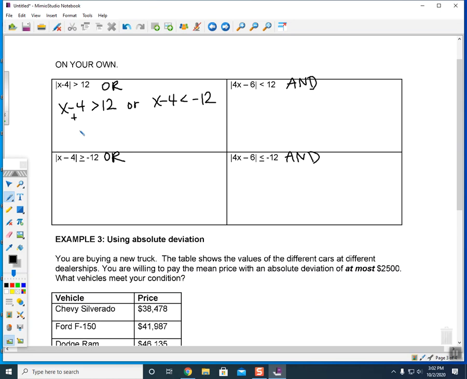I'm going to add 4 to both sides. Still doesn't. Let's try this one more time. Oh, bingo. So then I have x is greater than 12 plus 4 is 16. Do the same thing over here. Add 4 to both sides. I get that x is less than negative 8.